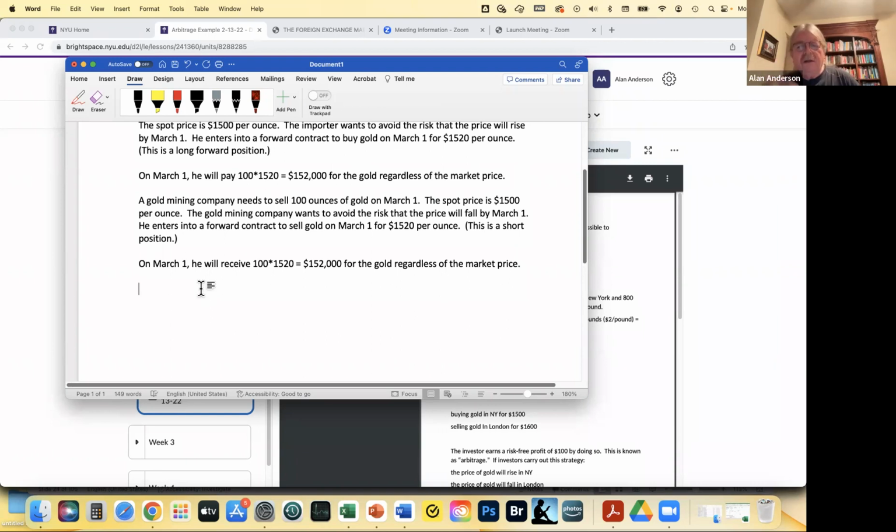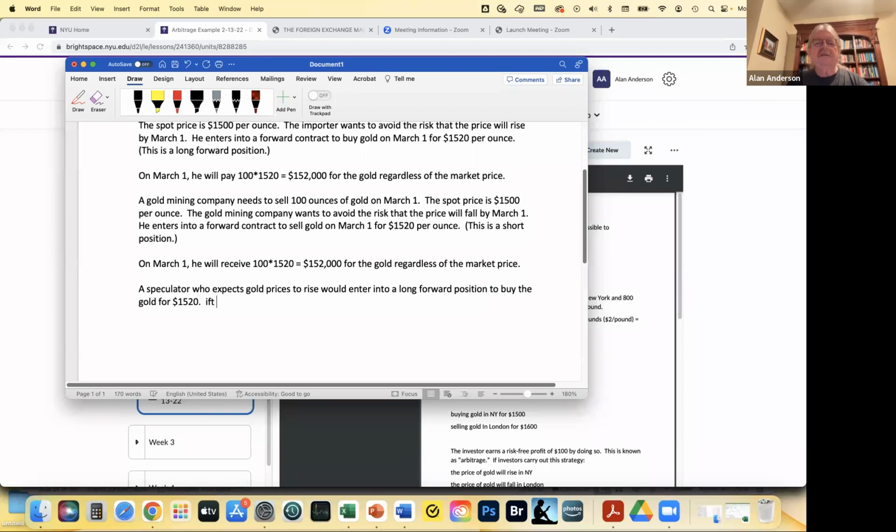Now, you can also use them to speculate. Maybe you're not even involved in the gold market at all, but you think gold is going up and you want to buy it at a fixed price so you can sell it at a higher price down the road. So a speculator who expects gold to rise would enter into a long position to buy the gold for 1520.